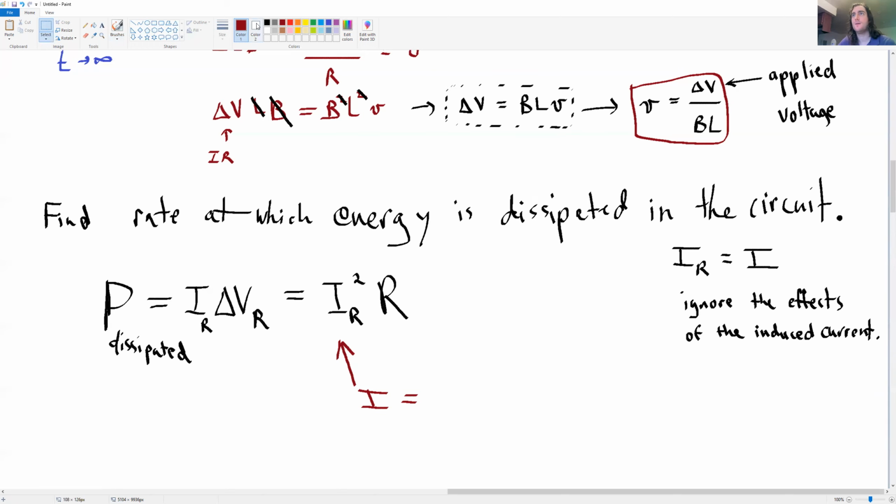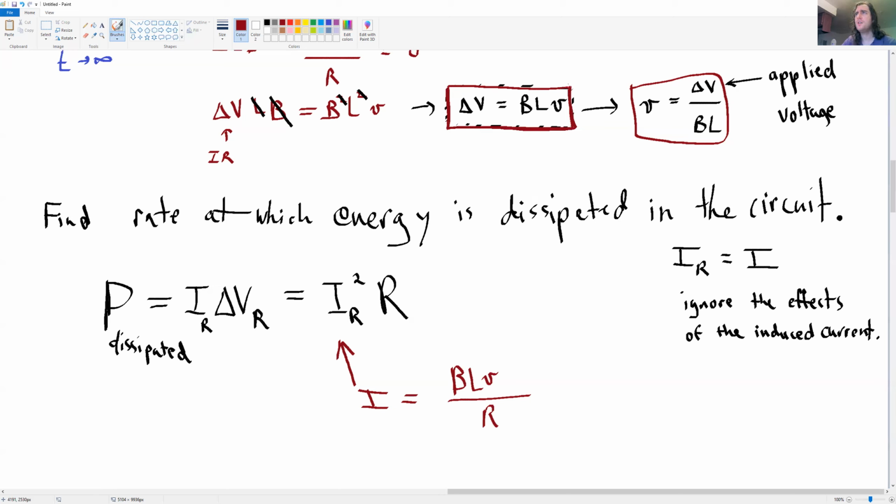So I is given in terms of this expression here, B L V over R. You can get that from this equation here. Oh, but wait a minute. This would be in the steady state limit, not the t equals 0. Okay, yeah.